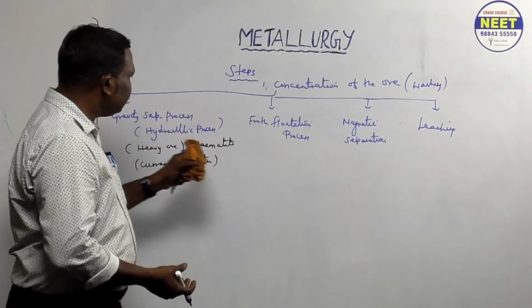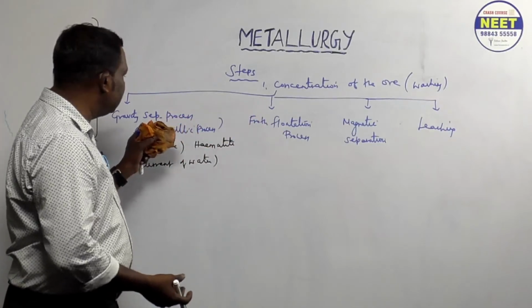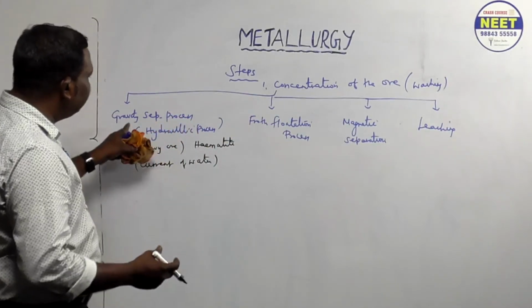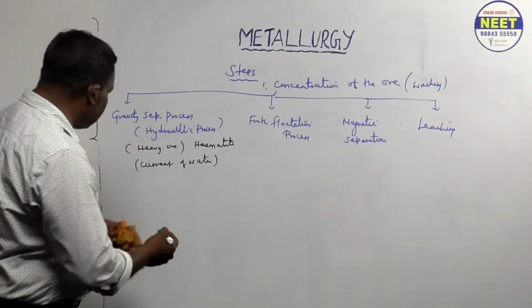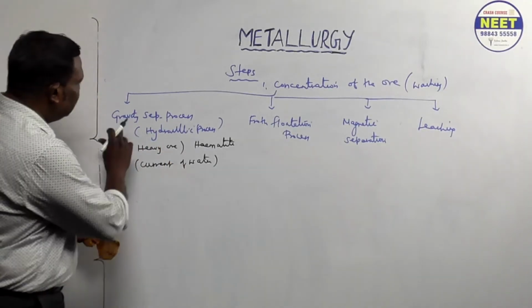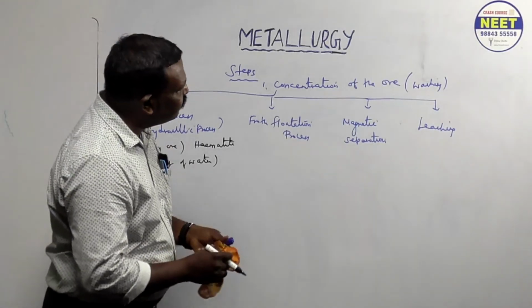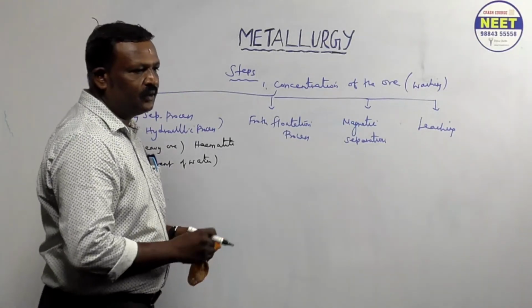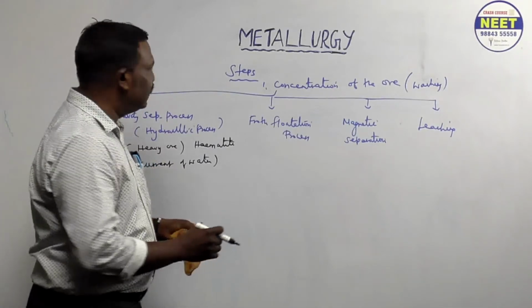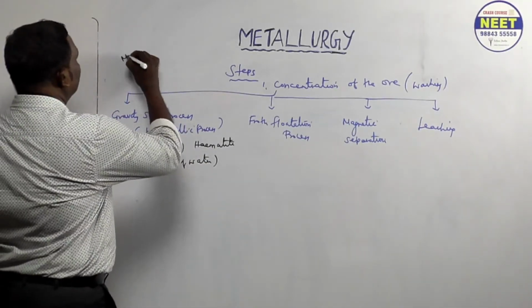Gravity separation means there is a difference in gravity between the ore and the minerals, the sandy substance. Understood? What is mineral?